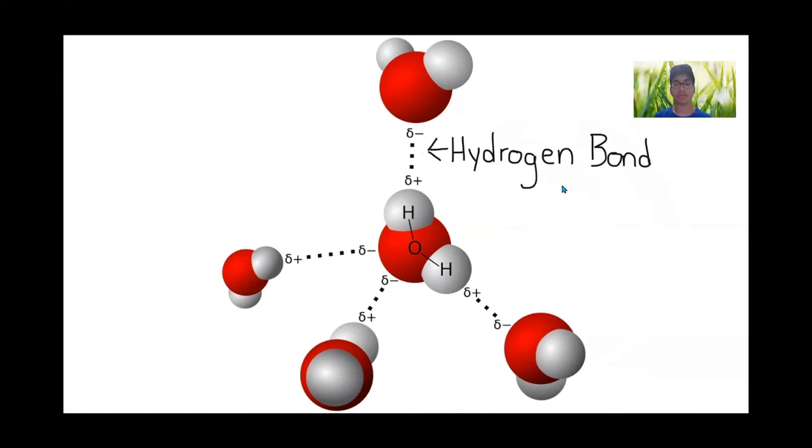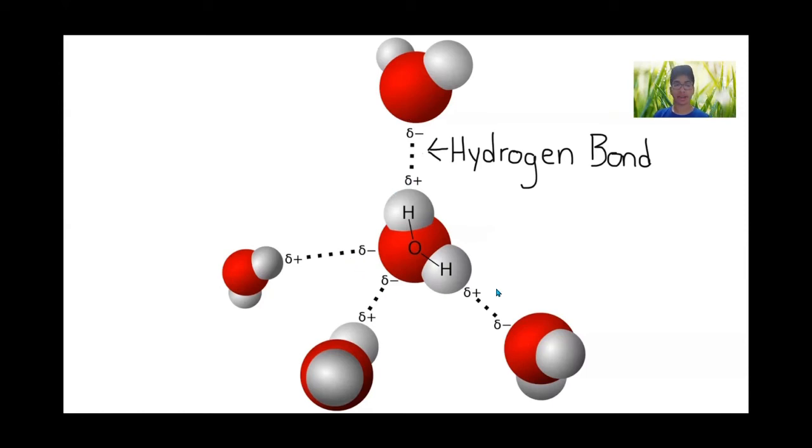So a hydrogen bond, which is the first type of weak attraction that I'll be talking about in this video, forms between the partially positive portion of one molecule and the partially negative portion of another molecule. So let's take 2 water molecules, for example. A hydrogen bond could form between the partially positive hydrogen atom of one water molecule and the partially negative oxygen atom of another water molecule.